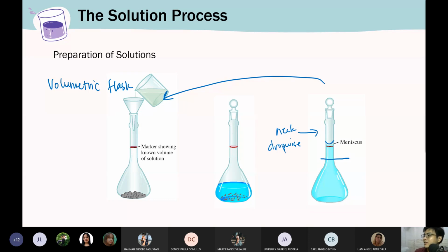Okay? So yung part ng discussion natin na yon ay just more on memorization. Okay? You should know the definition of saturated, supersaturated, unsaturated, electrolyte, non-electrolyte. Okay? So yun lang naman yung kailangan nyo kabisaduhin doon.